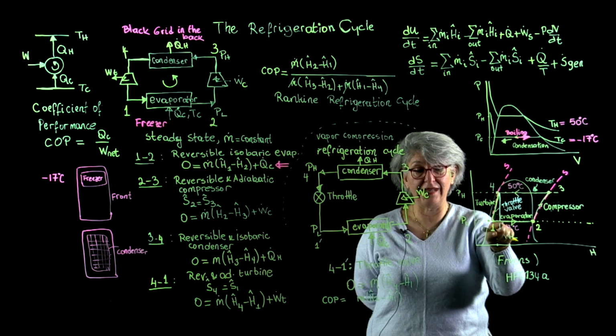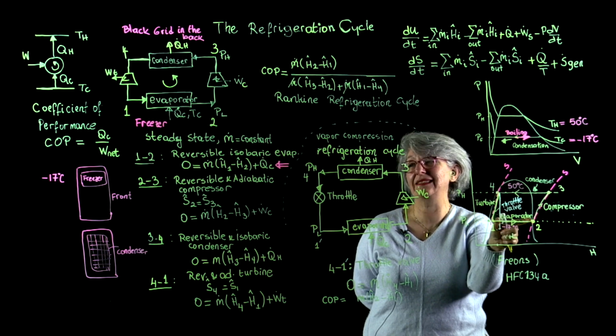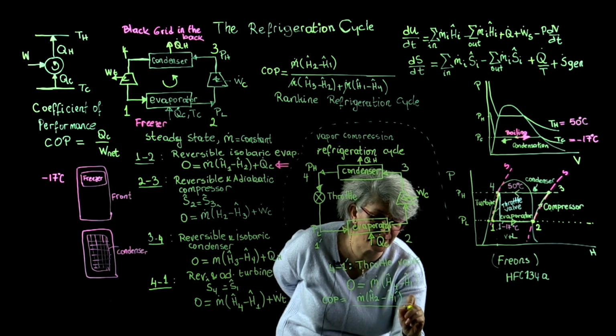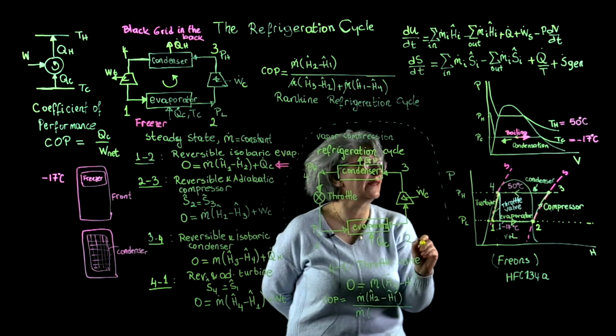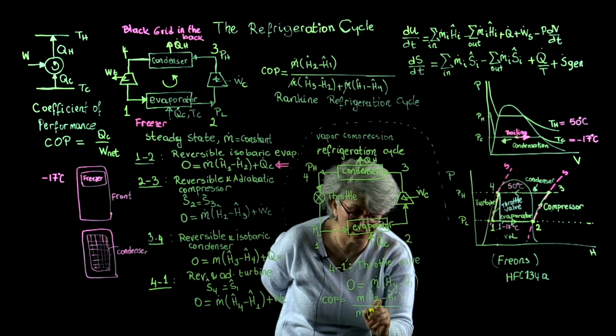I'm not all the way here, I'm at 1 prime. So I'm just removing less heat, at the expense of more work: m dot (H3 minus H2).